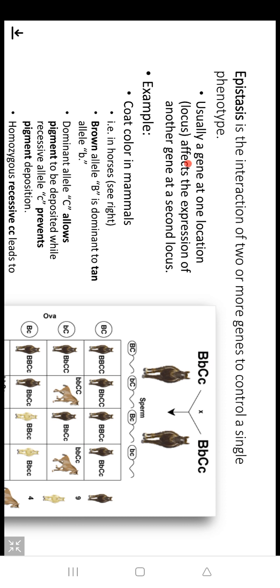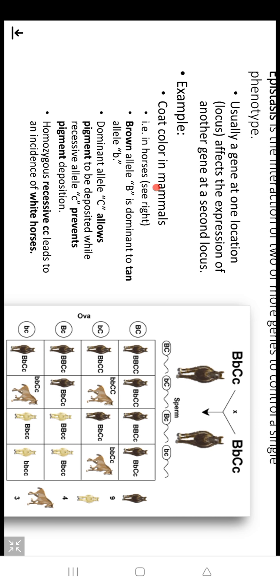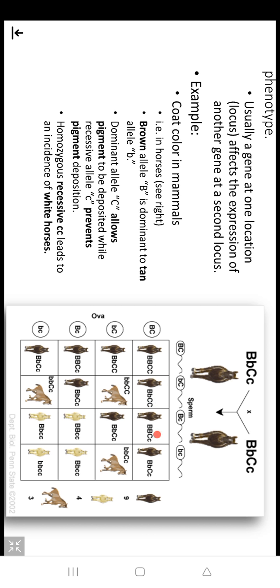Usually a gene at one location or locus affects the expression of another gene at a second locus. When you have that kind of interaction, whereby one gene is affecting another gene at a different locus, we call that kind of interaction epistasis. For example, coat color in mammals, and specifically horses. On the right, you can see we have horses of different coat colors. We have black, brown, tan, and white horses.